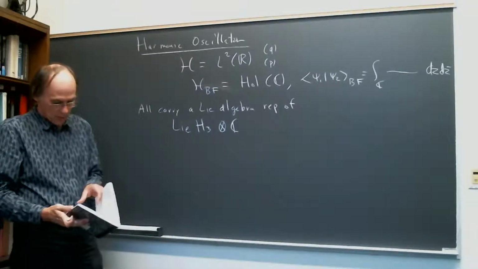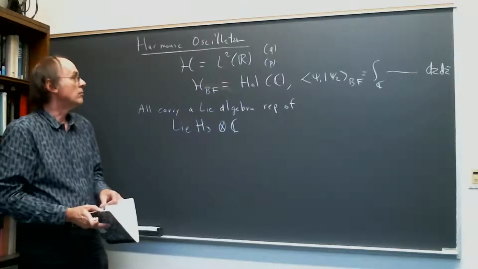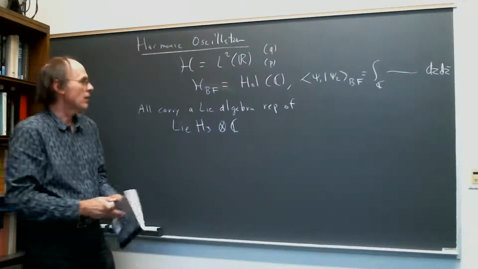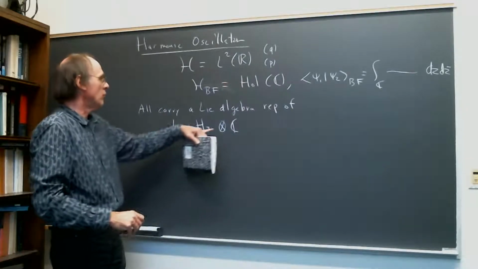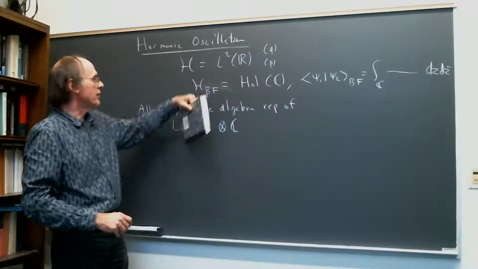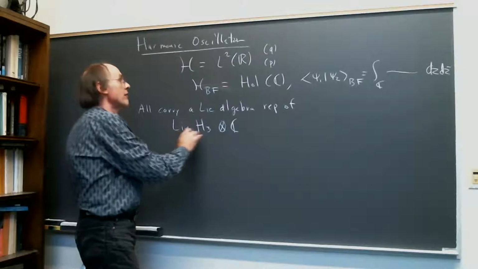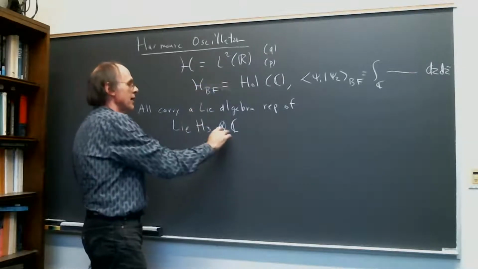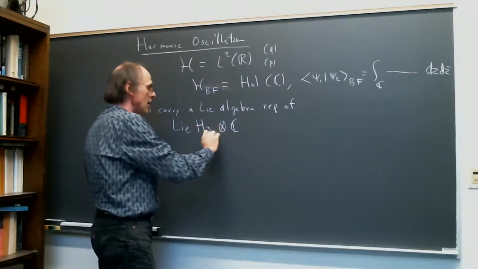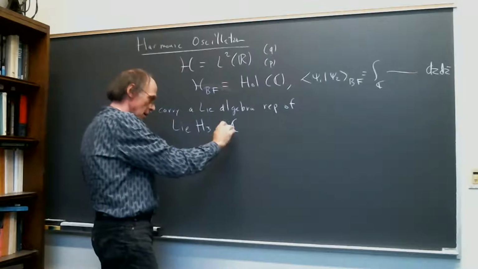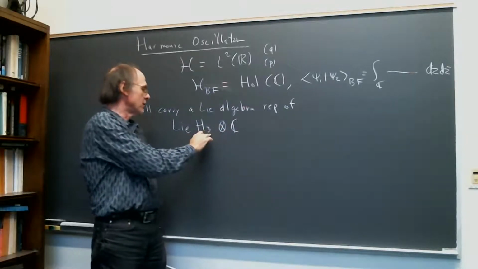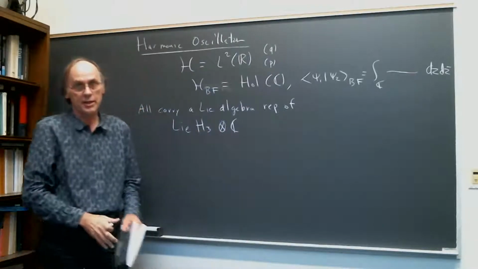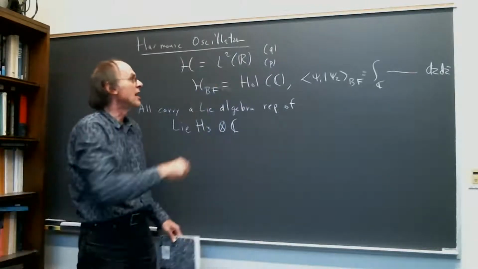And let's see. I don't know if I want to say anything more. But what you're given here is a real Lie algebra and a complex Lie algebra, which is the same thing. You're just extending the real scalars to the complex scalars. That's really all that's going on here, and it's pretty simple.